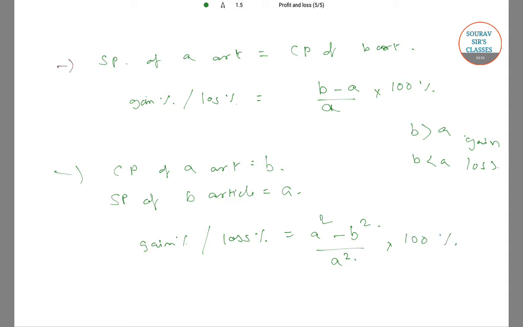So if A is greater than B, there will be gain, and if B is greater than A, then there will be loss.